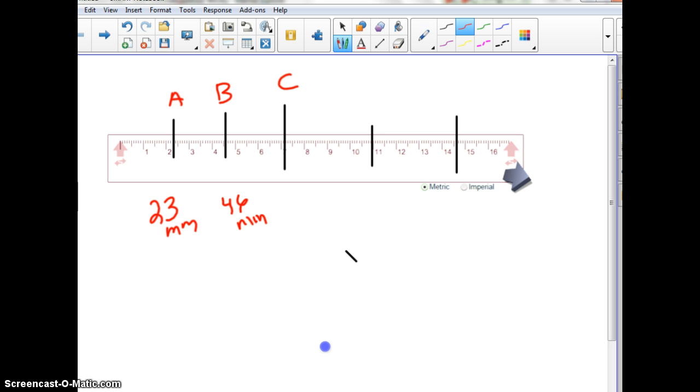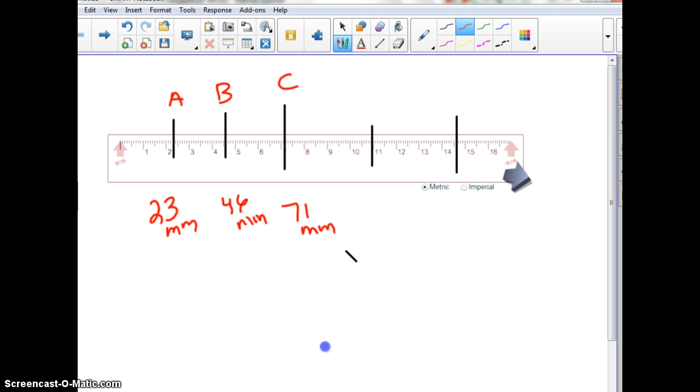Sorry, I put it right smack over the top of a number. Emma? Here's 60, and here's 80. This must be 71 millimeters. I like that.